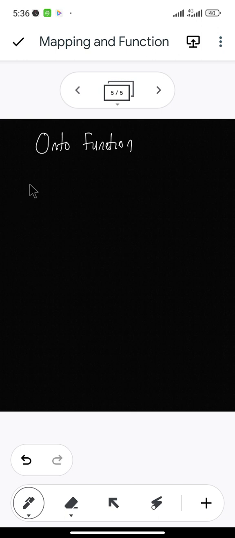Onto function. Now, onto just means that every member in the codomain serves as an image to something. There is no member in the codomain that is left out. What do I mean?